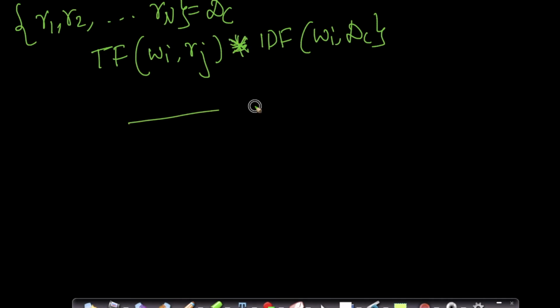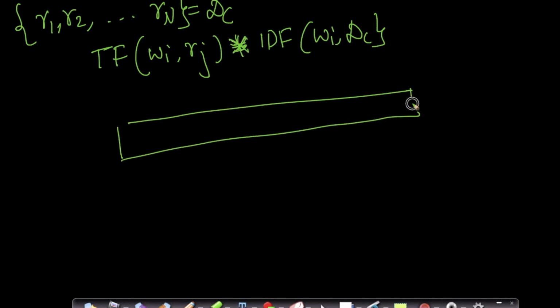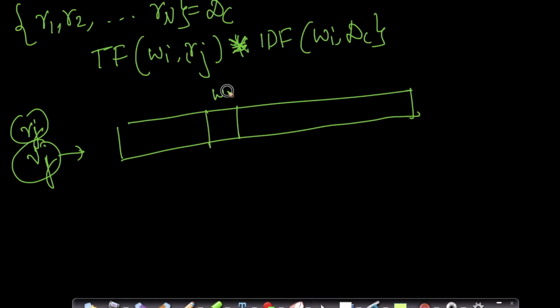Suppose I have review Ri, whose corresponding vector is Vi. Let's say review Rj has vector Vj, and in it I'll have an index corresponding to my Wi. Let me repeat it so that it's clear. Probably I should just write it again.